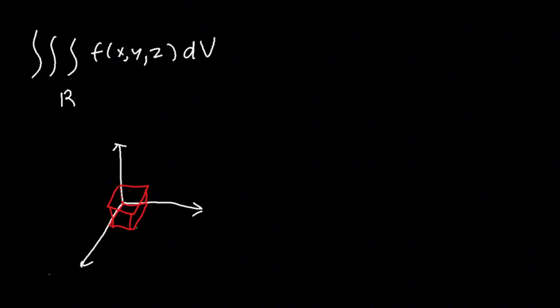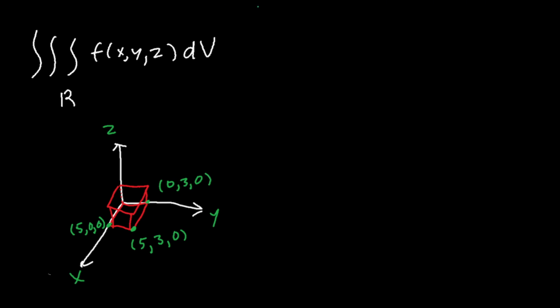So for this rectangular prism, let's label the x, y, and z axes. So the x value is 5. The y value, and actually let's write out the points. This point is 5, 3, 0. So 0 is the z value. This point is 5, 0, 0. This point is 0, 3, 0.